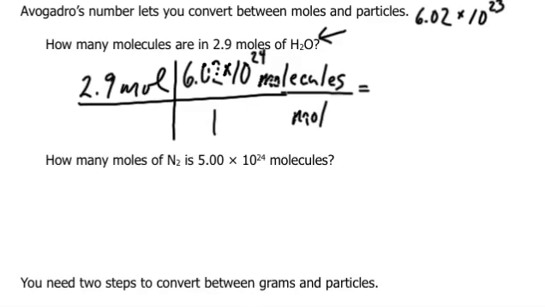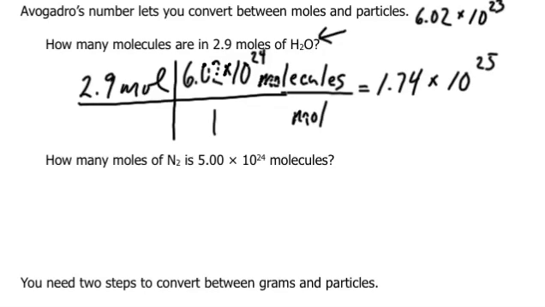So you plug that in, you get 6.02 times 10 to the 23rd times 2.9, and you get 1.74 times 10 to the 24, which is really what you should expect.